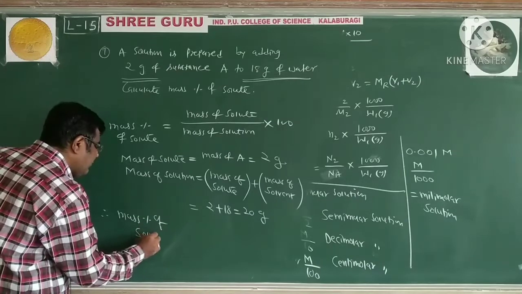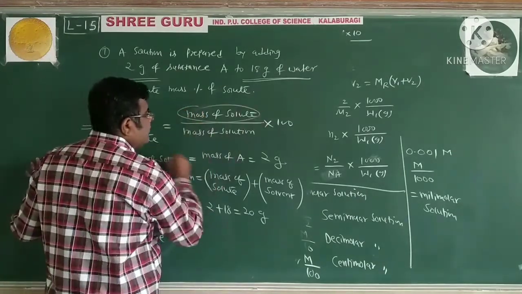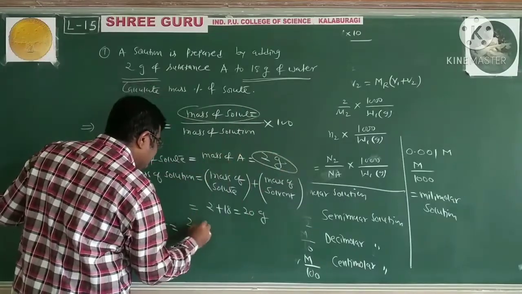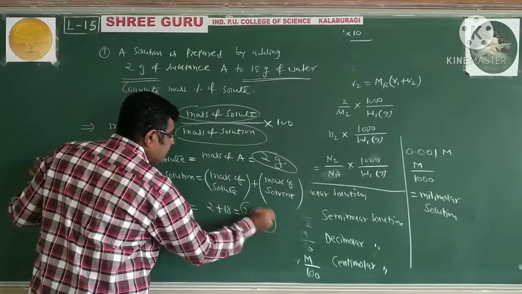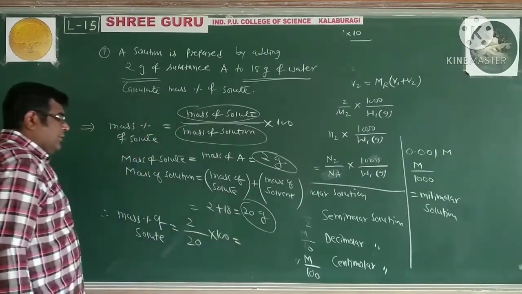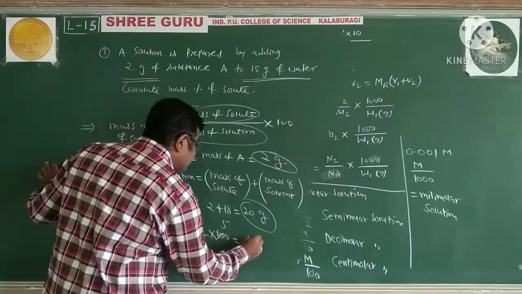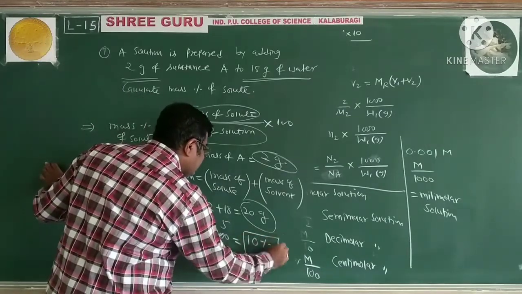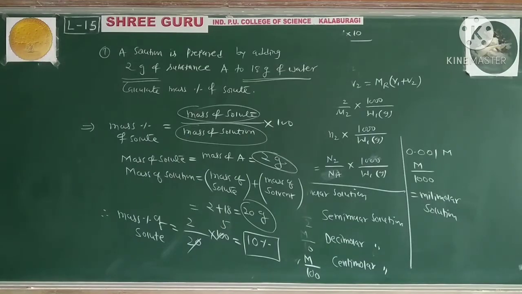Hence mass percent of solute: mass of solute is 2 gram, mass of solution is 20 gram, multiplied by 100. This is 5. So it was a very simple question.